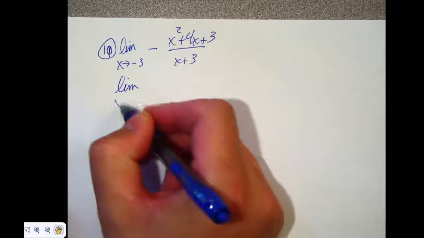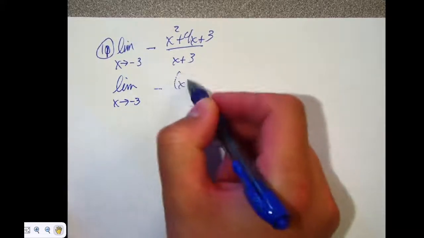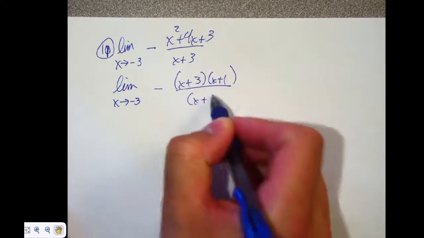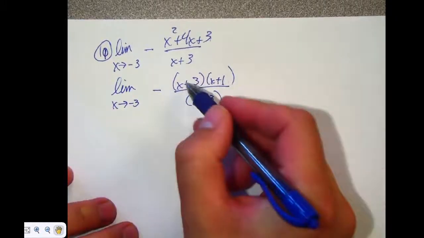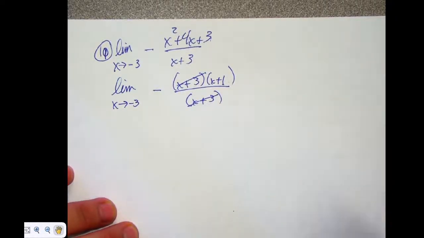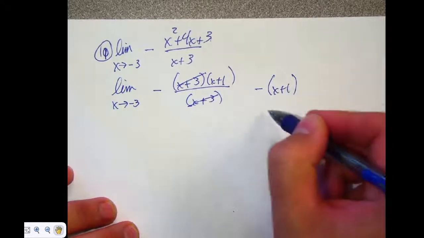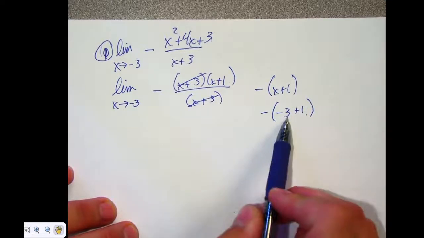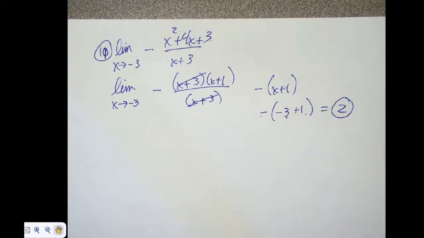So I can factor. That top becomes x plus 3 times x plus 1, because 3 times 1 gives you the 3, and 3 plus 1 gives you the 4. And then those would go away. You'd have negative, x plus 1. You plug negative 3 in there. Negative 3 plus 1 is negative 2, and then don't forget that negative on the outside. So 2. Did I get it right?